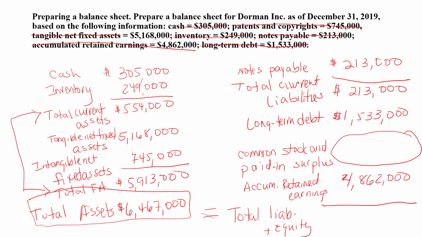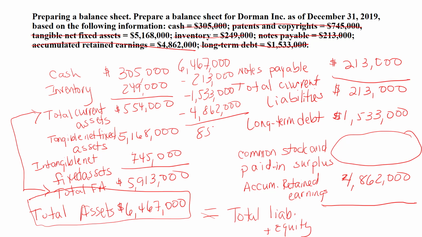So if we take the $6,467,000 and we subtract our total current liabilities and our total long-term debt, and finally the accumulated retained earnings, we have $859,000, which is going to go here for our common stock and paid-in surplus.